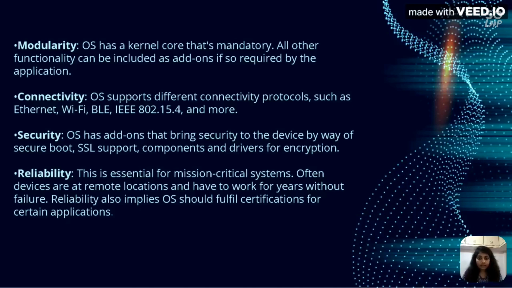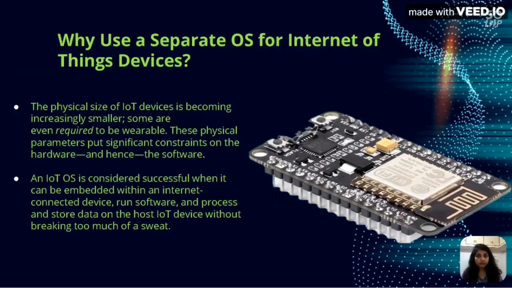And reliability. This is essential for mission critical systems. Often devices are at remote locations and have to work for years without any failure. So reliability also implies that operating systems should fulfill all the certifications for certain applications.